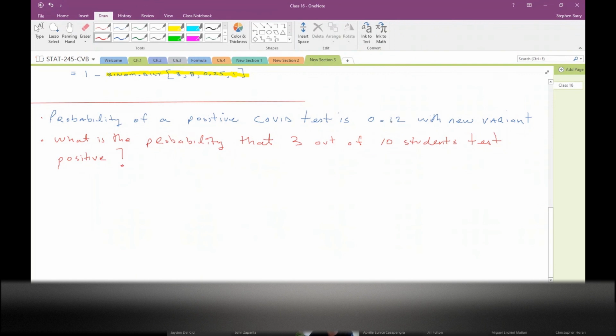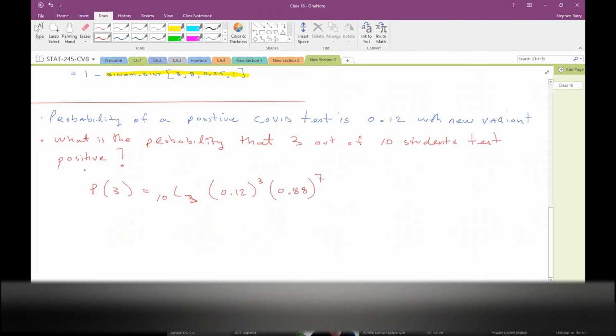So this one's pretty basic, right? All you would have to do is say, okay, the probability of 3 out of 10 would be 10 choose 3. And then I would need 0.12, that's the probability of a positive test. The probability of a negative test would be 0.88, and I would need 7 students to test negative.